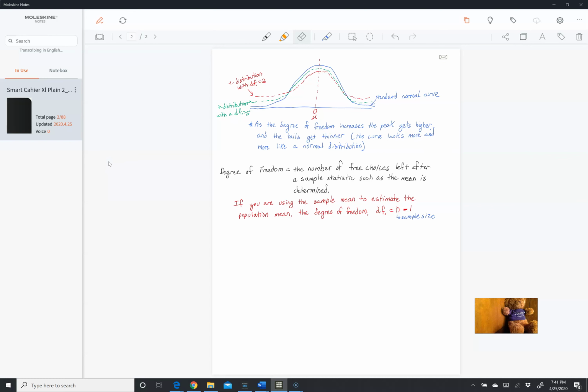Okay, so what do we mean by number of free choices left? Okay, let's go through an example. So we're asking ourselves, why do we subtract 1 from the sample size to get the degree of freedom?